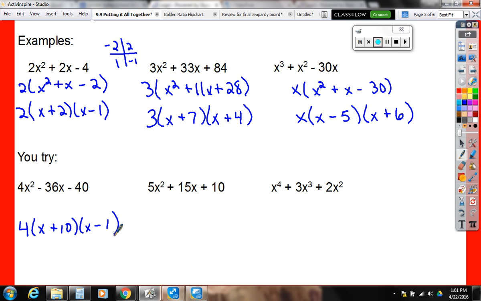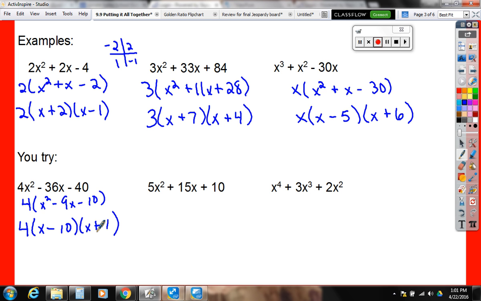Emily? It should be negative 10, because when we factor out a 4 here, we end up with x squared minus 9x minus 10. We want this 9 to be negative, and yours would end up being positive. So let's just switch those two signs around. So it's x minus 10, x plus 1.